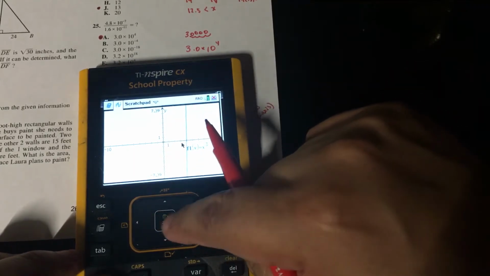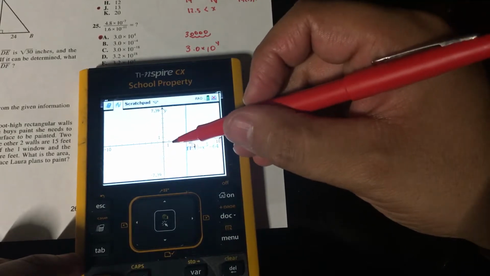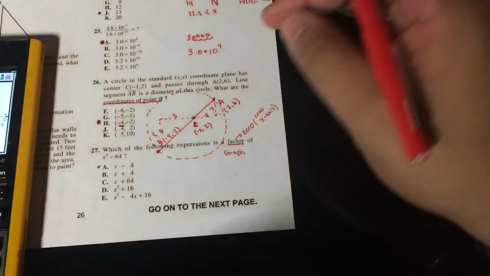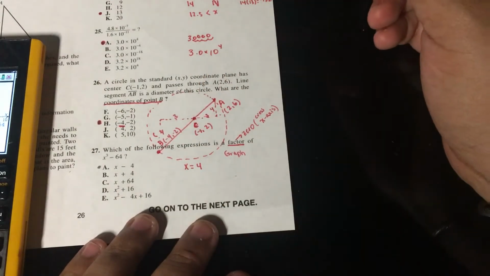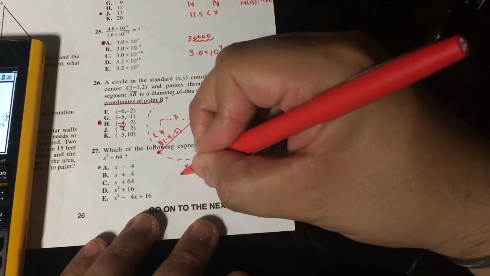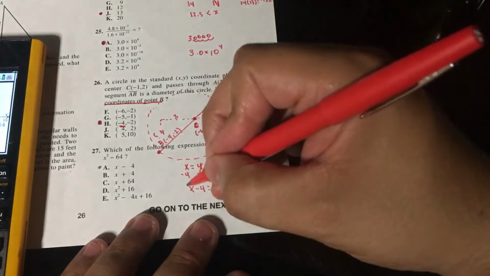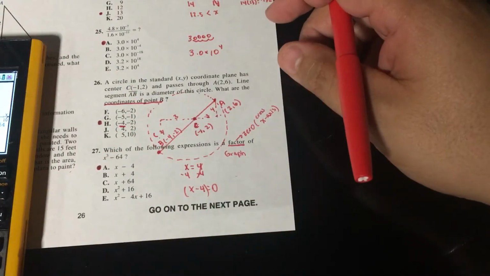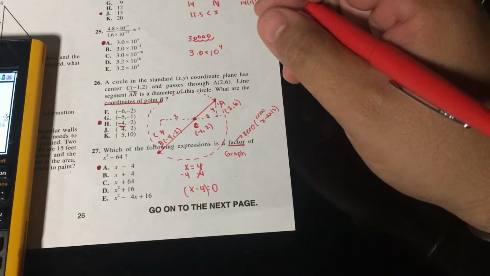Okay, so this is x cubed minus 64. Where did I cross the x-axis? At 1, 2, 3, positive 4. So positive 4, as if I write this as a factor, this is the factor x minus 4. So that is the factor we were looking for.